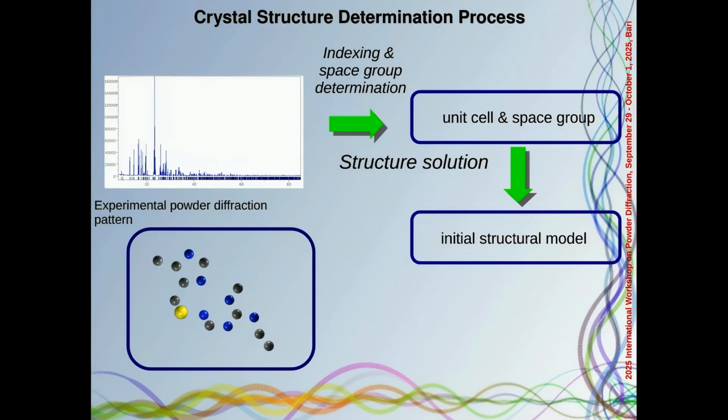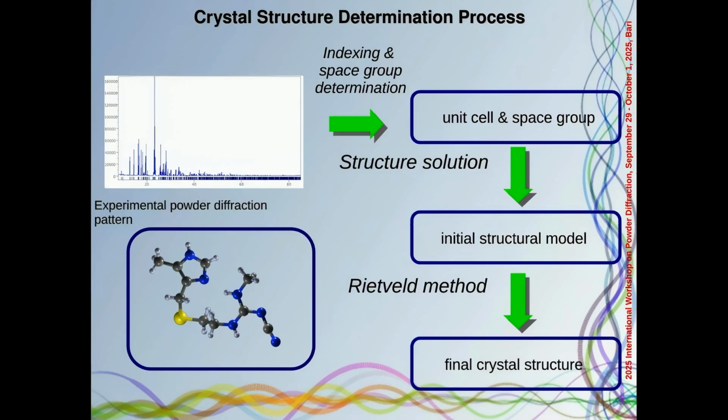When the unit cell content has been established, the next step is the calculation of an initial structural model using direct methods or direct space methods. This initial structural model is only an approximation of the real structural model, and the last step is the refinement of this initial structural model, typically using the Rietveld method.